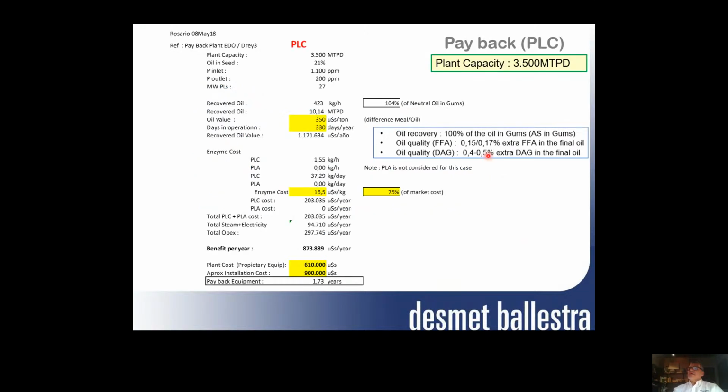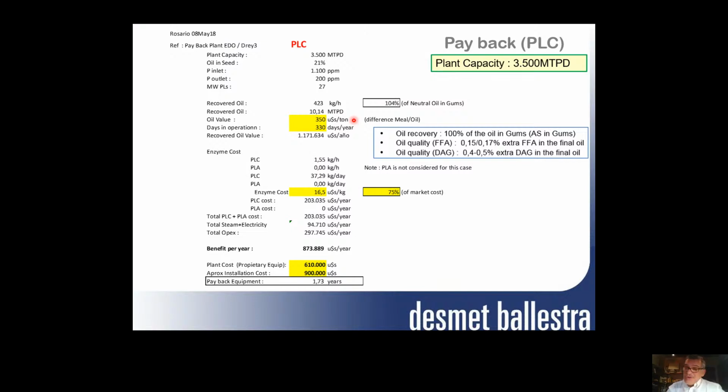So this is a typical payback for a 3,500 tons per day plant, where we reach not 100 but 104% of the neutral oils in gums, with an oil value difference between meal and oil which is not fully true.